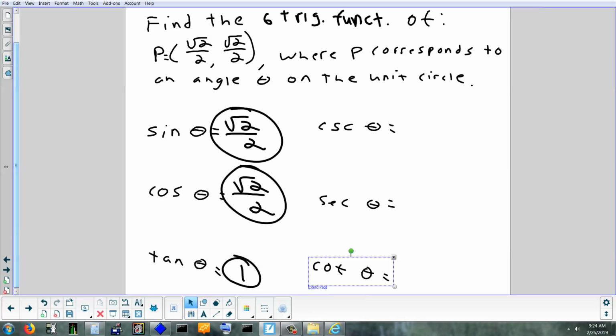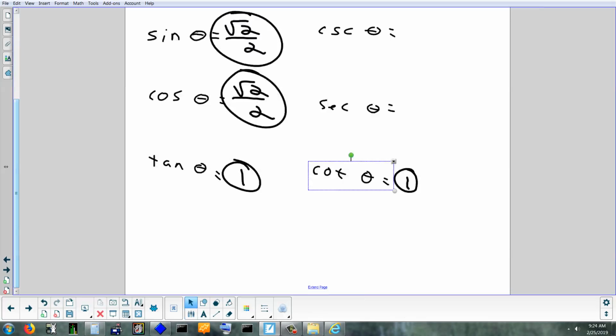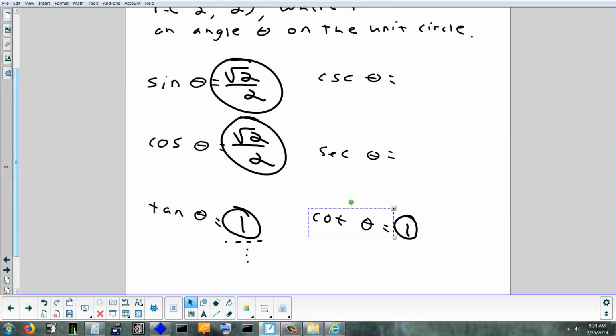What's the cotangent? 1. Because all we do is flip 1, and when you flip 1, you get 1. You can always make it a fraction. Think of it as 1 over 1. Still 1 over 1 when you flip it. Okay. Let's do the cosecant.